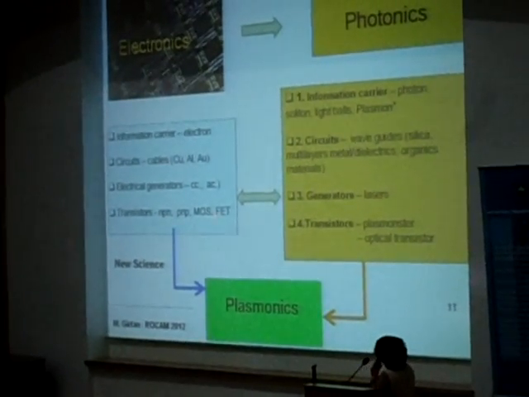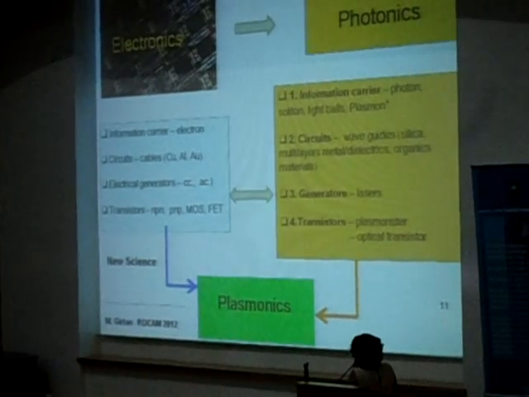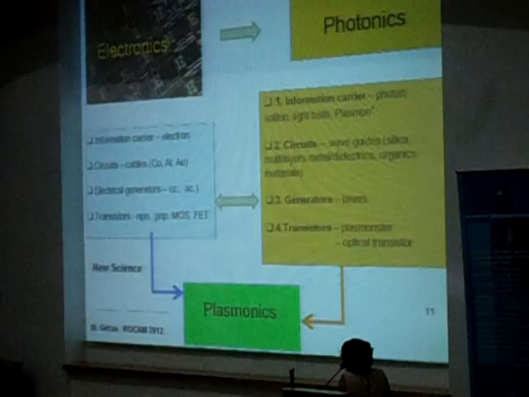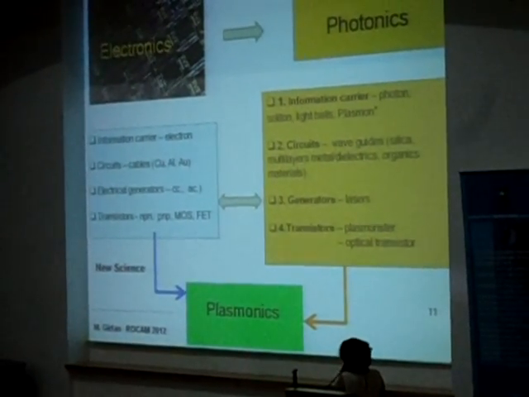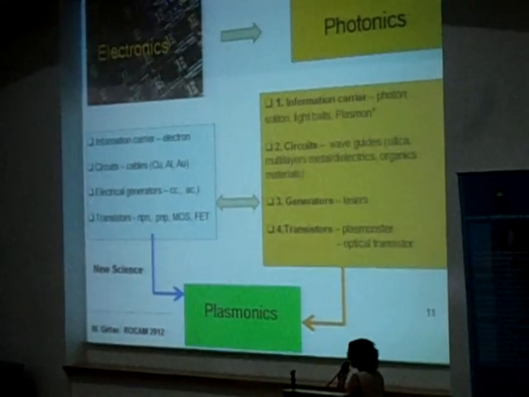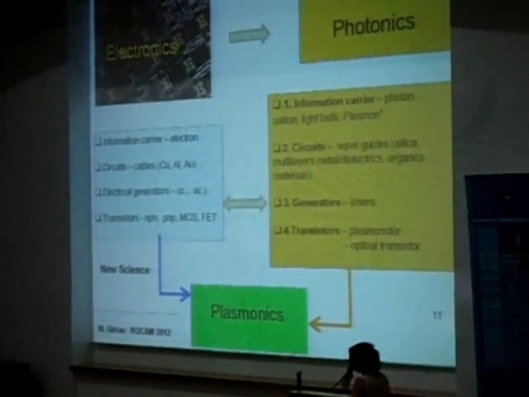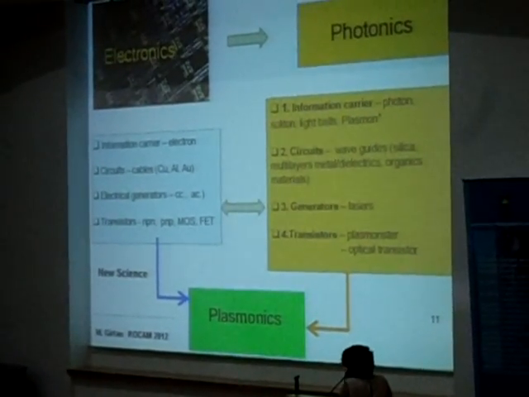For the generator, we have the classical electrical generator that you know, and for photonics, we can consider that generators are the lasers. We have transistors in electronics, and we will see that we can find the equivalent in photonics, or maybe later in plasmonics, which are the plasmostor and optical transistor.